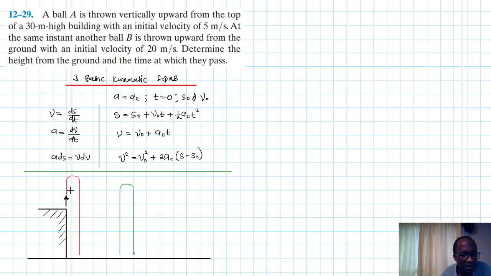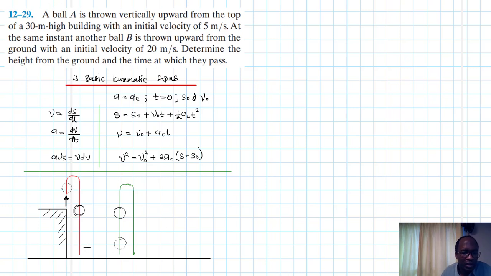This is the ball that is thrown, and it comes up to somewhere here. This other ball is also thrown from this position, and it comes up there.